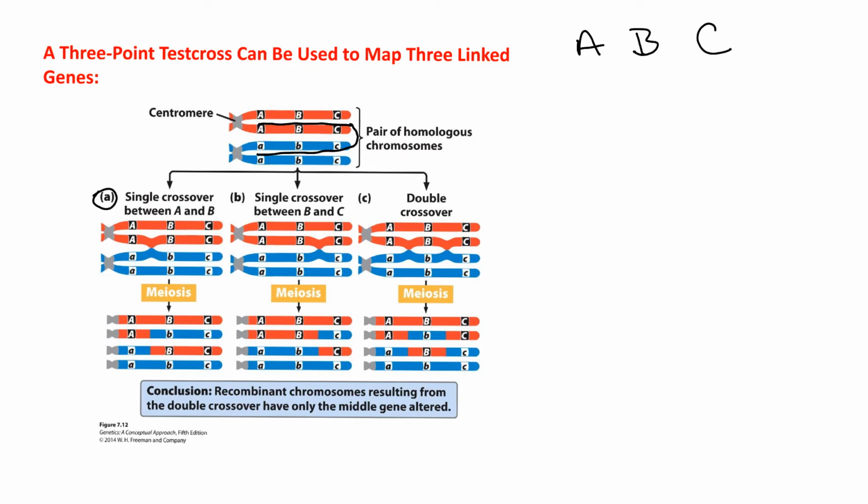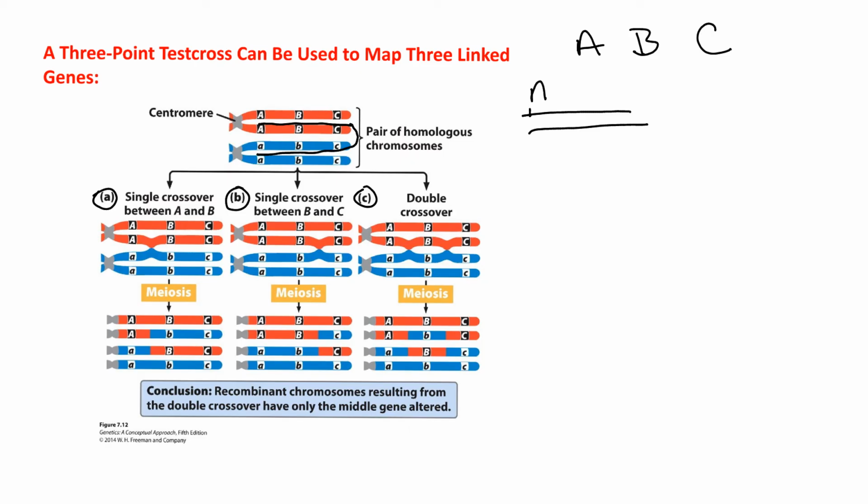And let's look at these two chromatids. I will only outline those two chromatids, the ones which undergo recombination. One carries all dominant alleles of genes A, B and C, and the second carries all recessive alleles.